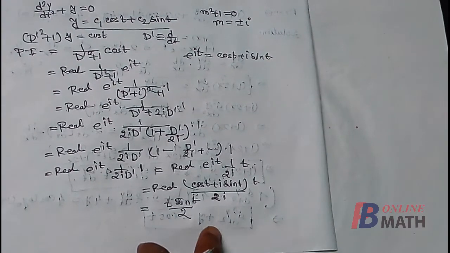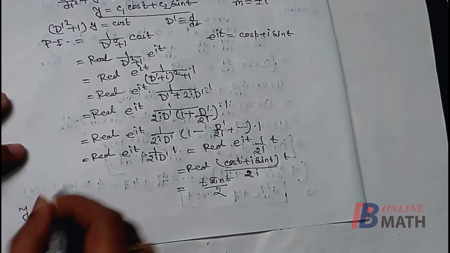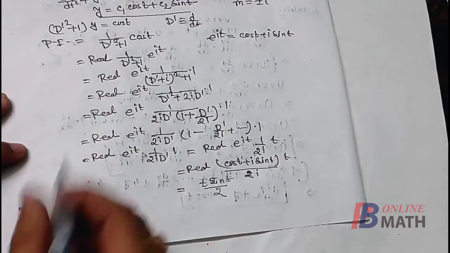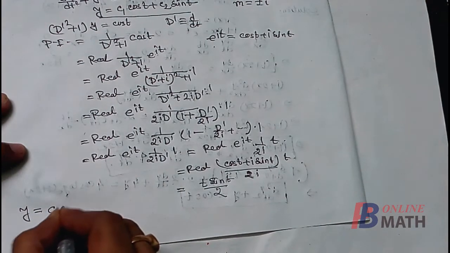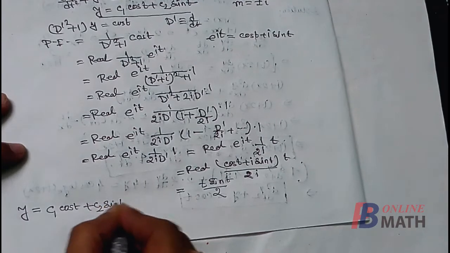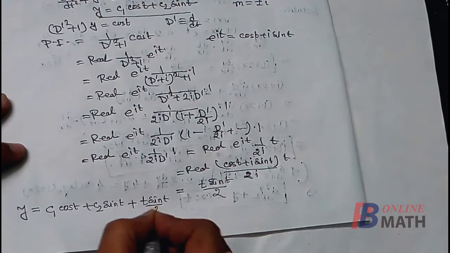So this is our PI. Therefore the complete solution is y equal to CF plus PI, that is C1 cos t plus C2 sin t plus t sin t by 2.